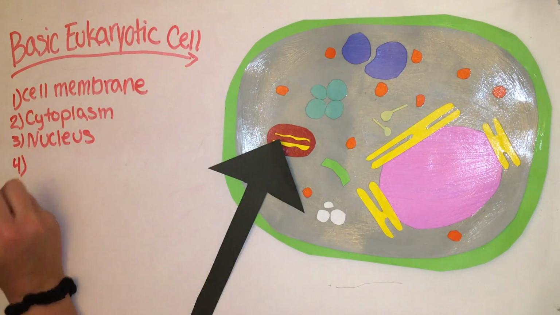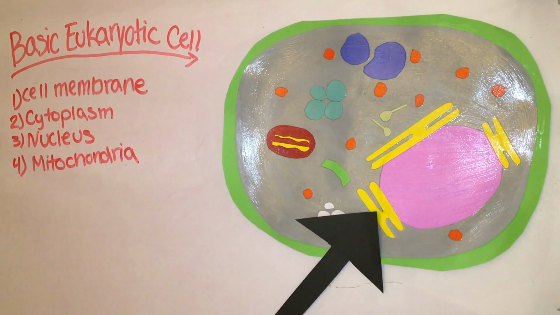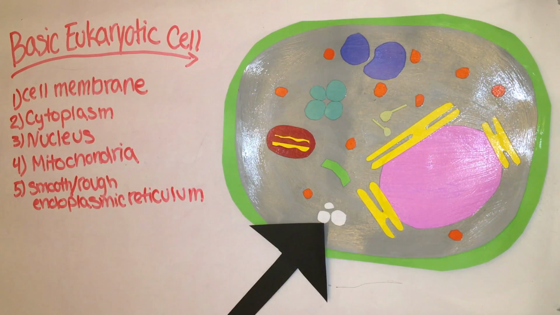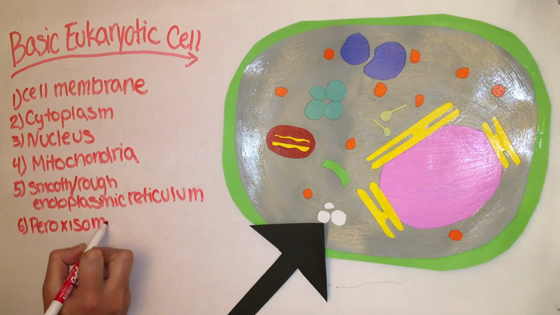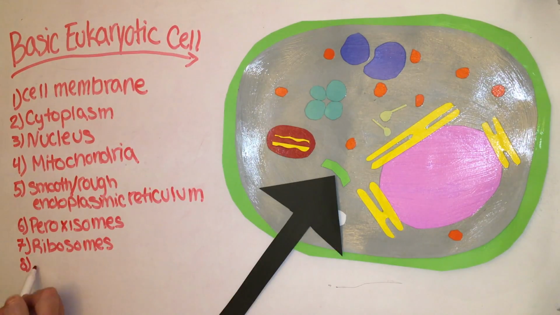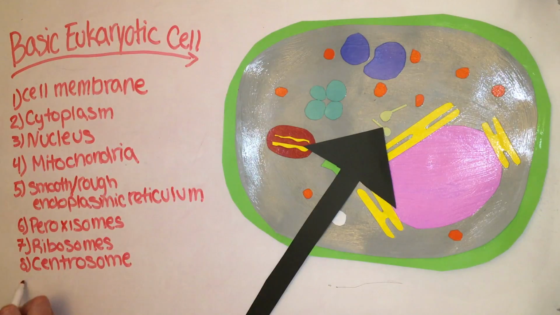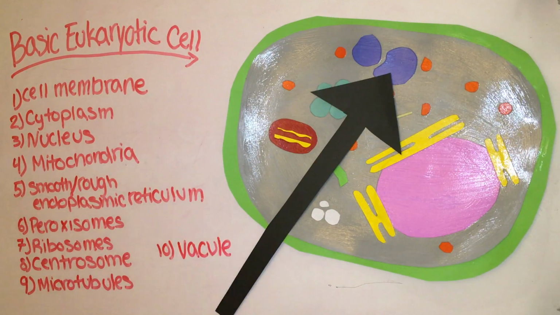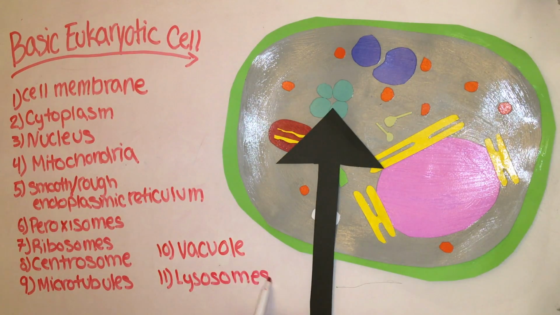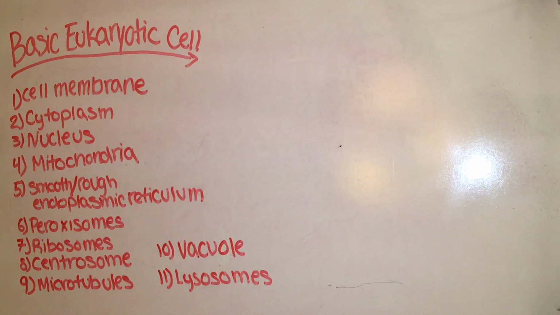That's a nucleus, and that's a mitochondria. Those are new. Those little yellow things are the rough and smooth endoplasmic reticulum. The white things over there are the peroxisomes, and there's the ribosomes, centrosomes, microtubules. Don't forget the vacuole. Last but not least, lysosomes.